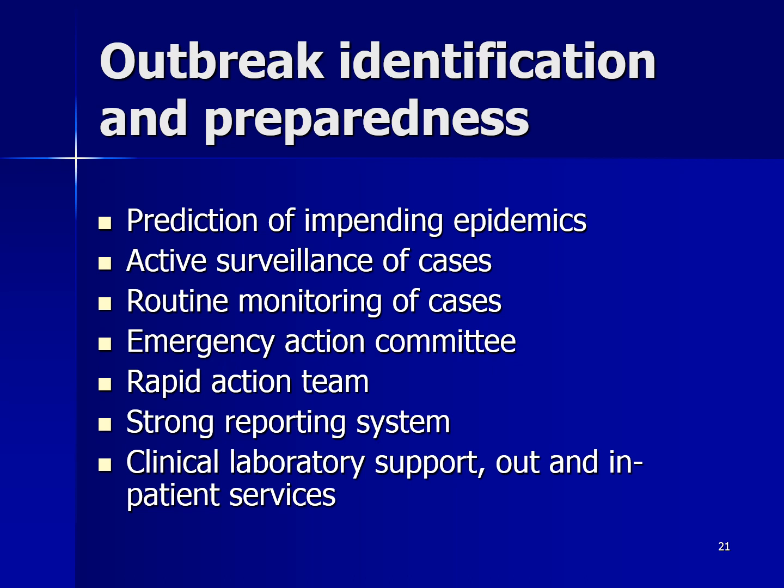Otherwise, there will be duplication of the work and of the reporting system. Clinical laboratory support, outpatient and inpatient services. Until and unless you have the clinical support, you cannot identify whether the outbreak of dengue is there or not. It's only hearsay.